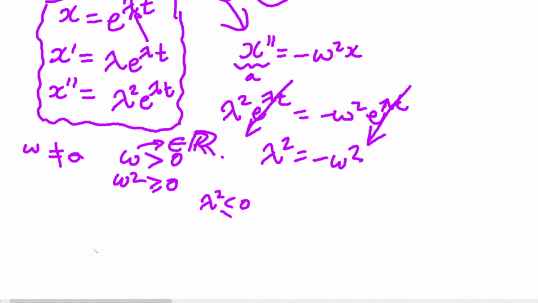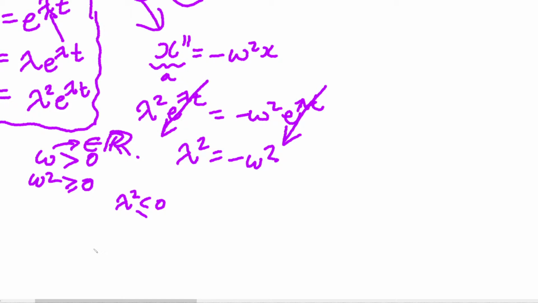So if lambda squared is less than or equal to 0, then taking the square root of it would lead us to the conclusion that lambda is an imaginary number. And what is the imaginary part of lambda then?